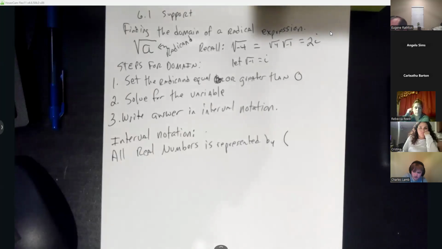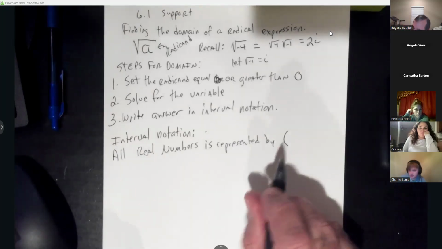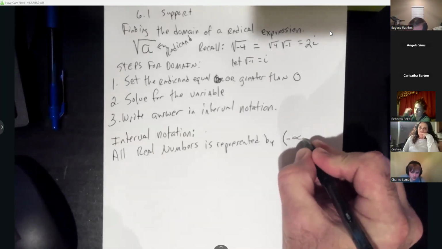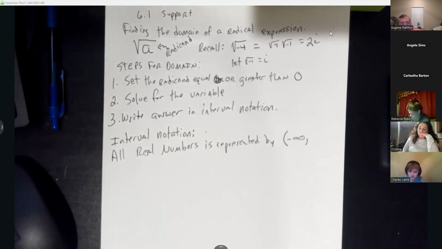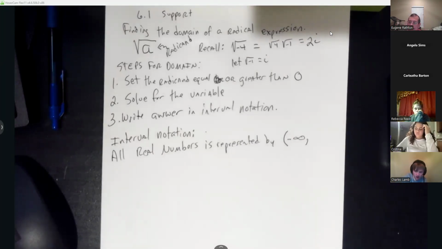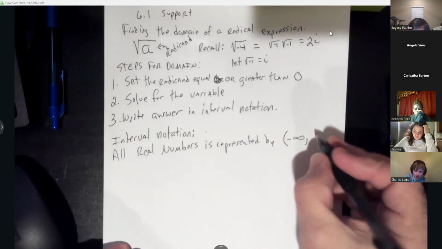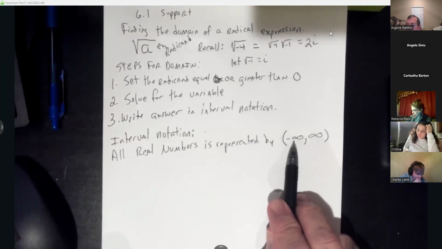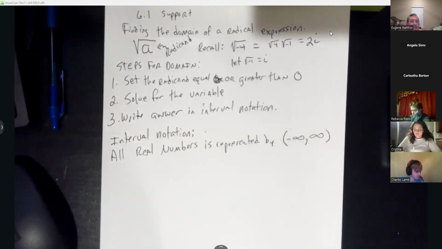Negative infinity. There you go. So when we write all real numbers in interval notation, our left side is going to be negative infinity, because that's the farthest I can go to the negative side. Now, how about to the positive side? I keep going positive and more positive and more positive. Positive infinity. There you go. So negative infinity to infinity represents all real numbers on this, y'all.